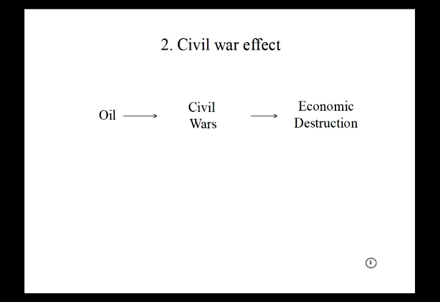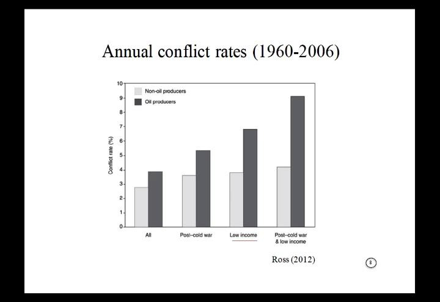And the UK is trying to attack the oil fields in Syria. Now, if you look at it, this actually gives you the conflict rate between oil producers and non-oil producers. And you say, in the case of low-income countries, you have a number of conflicts in oil producers than the non-oil producers here.